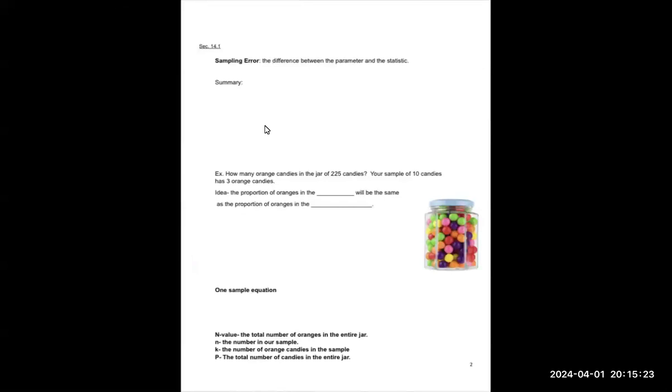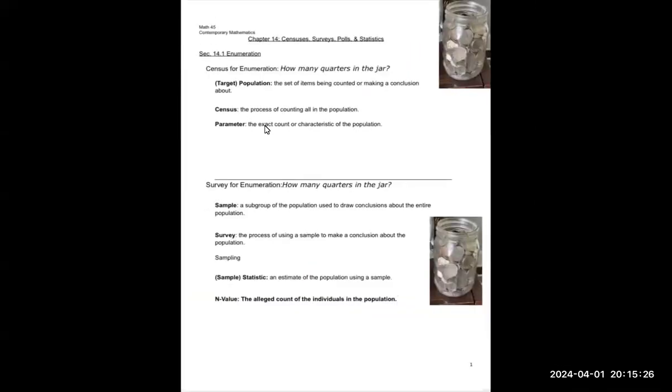From the previous section, we did this problem, and I was showing you how if I just took a sample of the quarters, like the top inch or so, and poured that out and measured it and counted how much was in there, and in my example that was 20, then I could say the next inch is probably also 20, and the last inch is probably also 20.